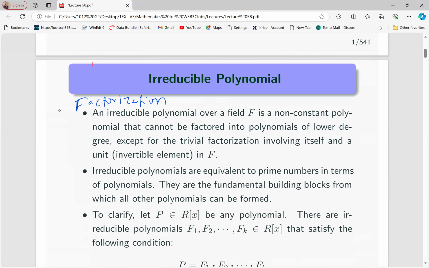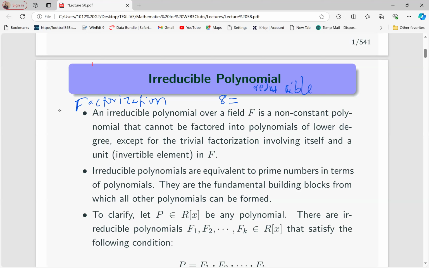So with the integers, if you're given a composite number like 8, the composite 8 can be reduced. I'm trying to introduce the terms I'll be using, reducible and irreducible.